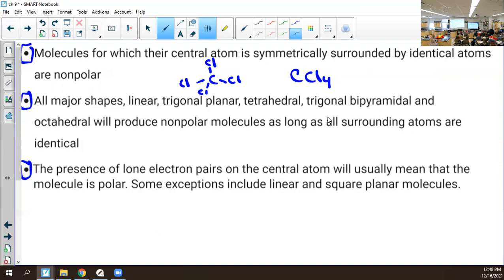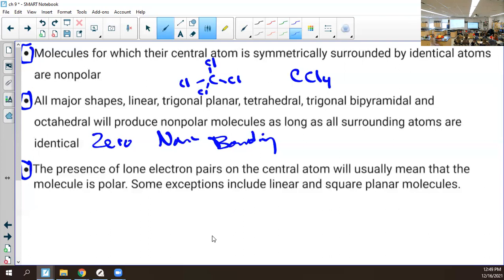Okay, next, all major shapes, linear, trigonal planar, tetrahedral, trigonal bipyramidal, and octahedral will produce nonpolar molecules as long as all surrounding atoms are identical. There's a key thing here. All of these have zero non-bonding pairs. This is what makes it easier.